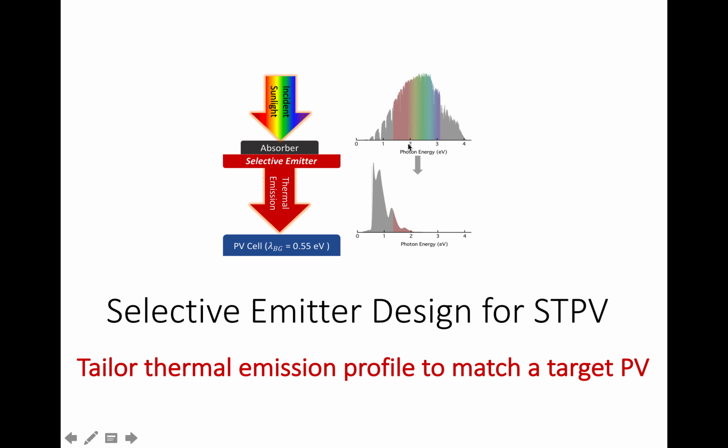It turns out that there is a class of photovoltaics that work really well in this low energy region. There's a very important class of PV cells that work around the 0.5 to 0.75 electron volt region, so really in the IR.